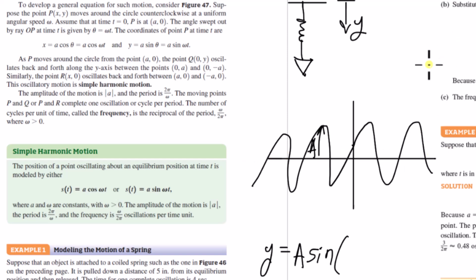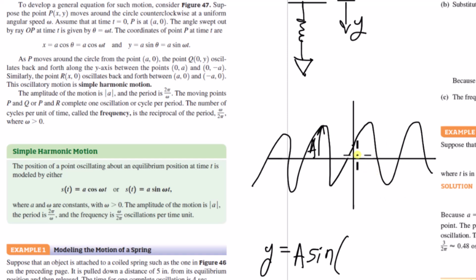And based on angular frequency, if you remember, the amplitude is going to be in meters, like the position, or some unit of distance. Now the angular frequency is going to be radians per second. If you don't remember what angular frequency was all about, go back to those sections. We went through that in great detail. Okay, it's going to be radians per second.